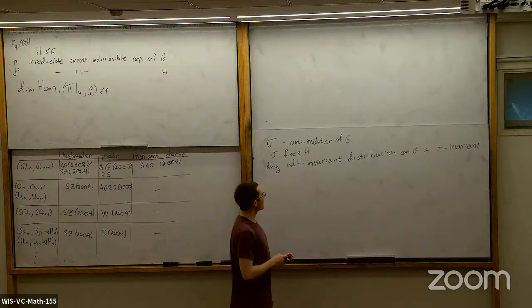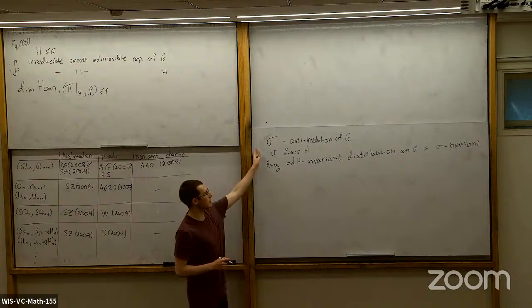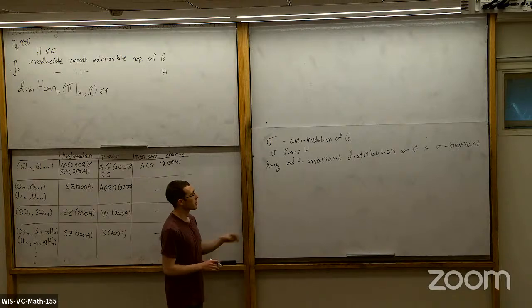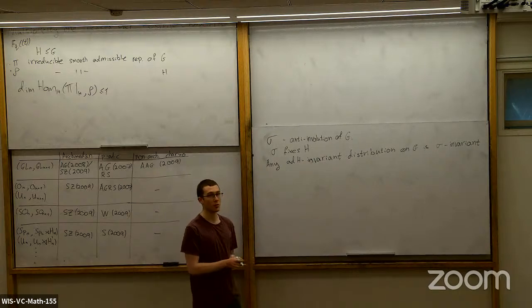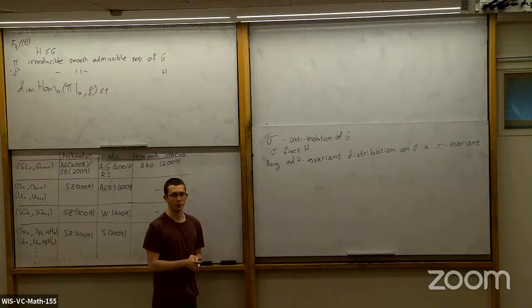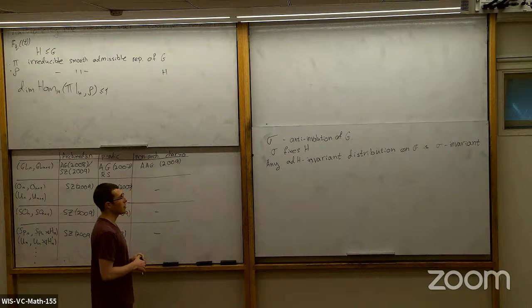So the result says that if we find such an anti-involution and show this property for it, then we deduce the strong Gelfand and Kazhdan property for G and H. And that's what we want. So this is the method used.